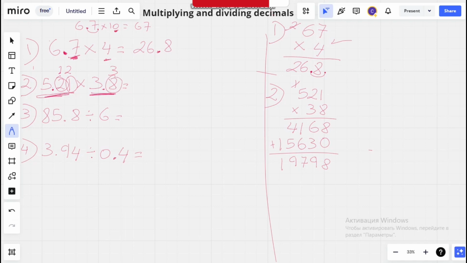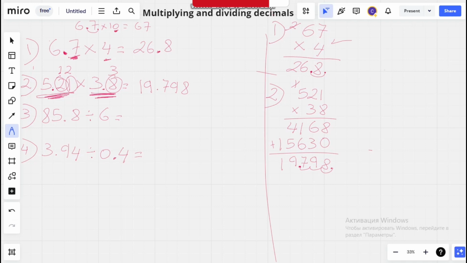So you have three numbers which are after the decimal. So you don't just count over here, you have to count for both decimals. Now you come over here and you count 3 times. 1, 2, 3. Now your answer is 19.798.